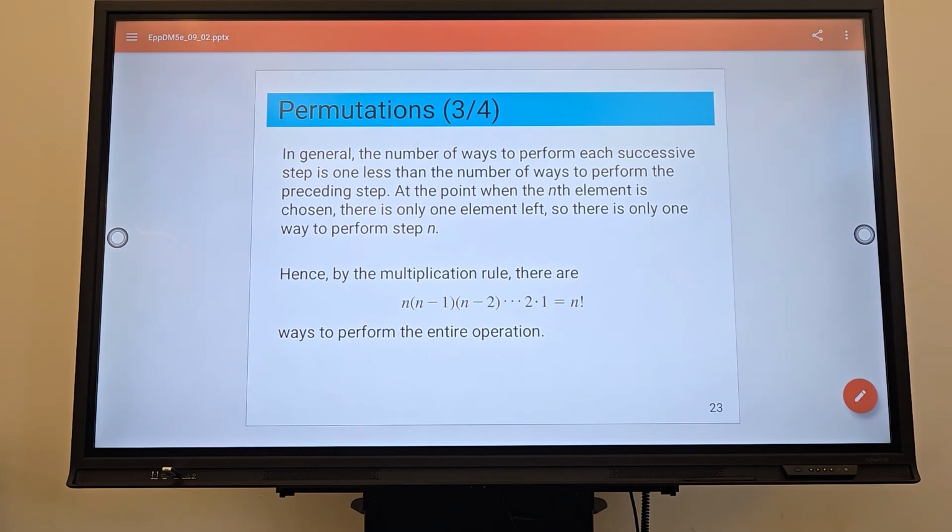In general, the number of ways to perform each successive step is 1 less than the number of ways to perform the preceding step. At the point where the nth element is chosen, there's only 1 element left, so there's only one way to perform step n. By the multiplication rule, there are n factorial ways to perform the entire operation.